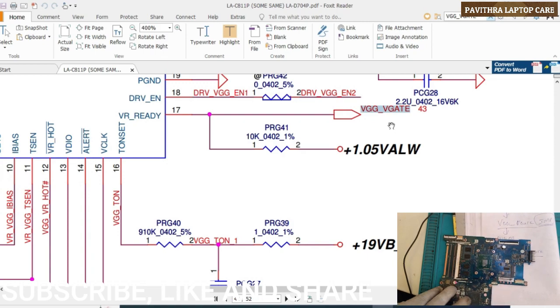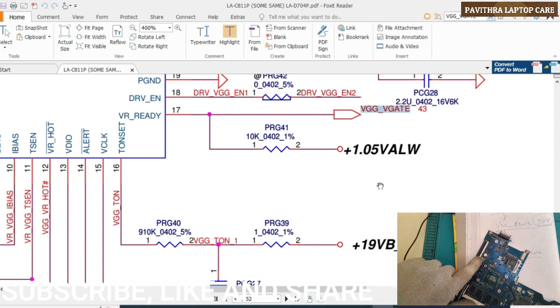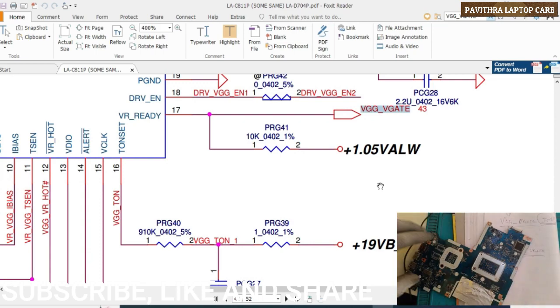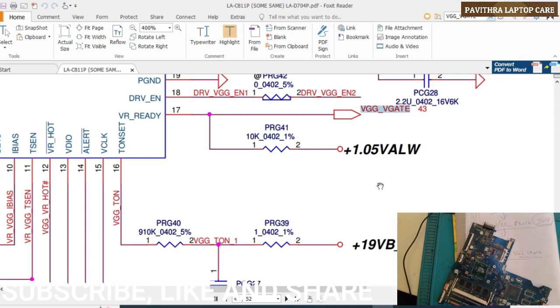So now we come to know VGG gate is coming from this particular IC, a particular coil IC. The same IC is used here also, but we are checking the VCC core section.